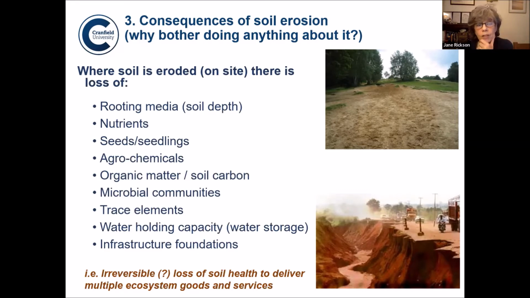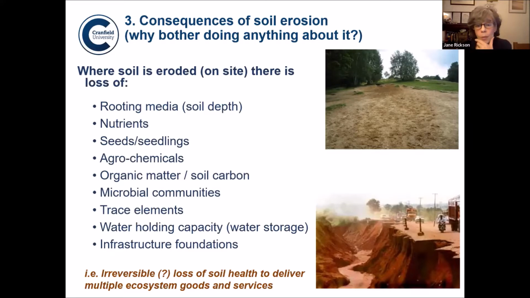I'm preferentially removing nutrients because the nutrients tend to be absorbed onto the particles that erode most quickly. I'm going to lose any seeds or seedlings that I've got. They're going to be washed away with the erosion. Any agrochemicals I might have applied, any organic matter or soil carbon, again, we know this is preferentially removed. Impacts on microbial communities, loss of trace elements, loss of your water holding capacity, particularly during droughts and so on.